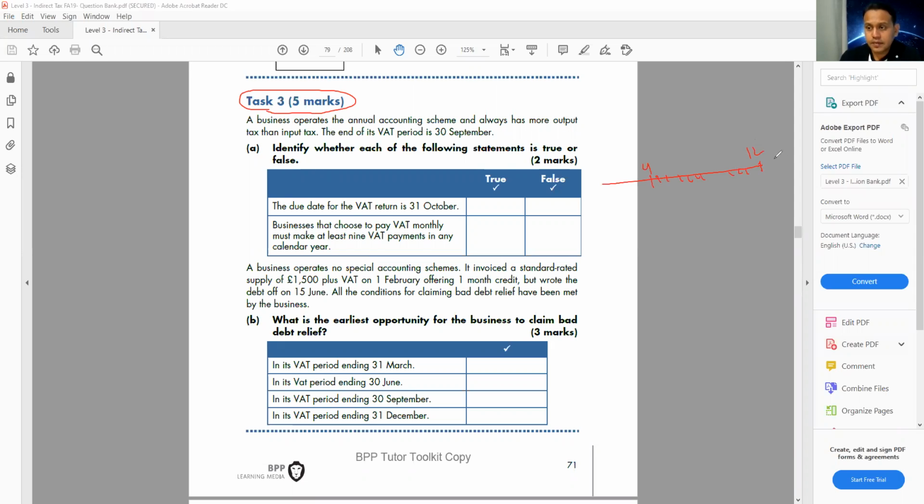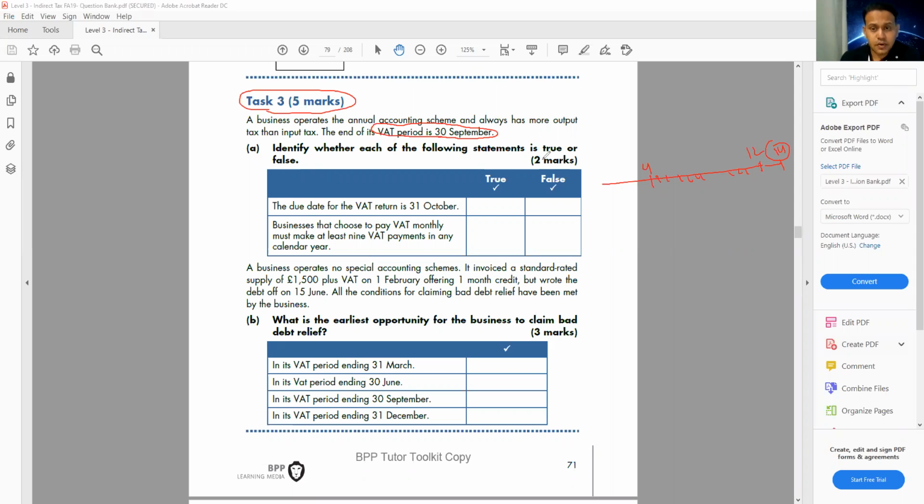After that, after 2 months, we make the final payment, the balance, in month number 14. This is the annual accounting scheme. And it always has more output than input tax. The end of its VAT period is 30th of September.